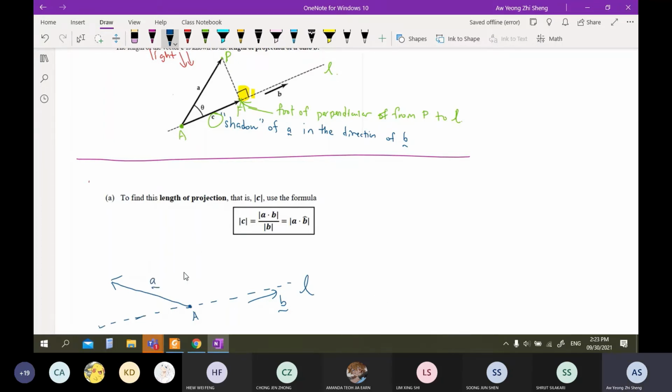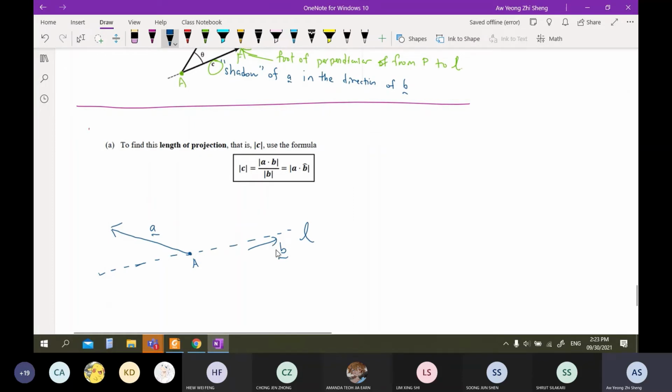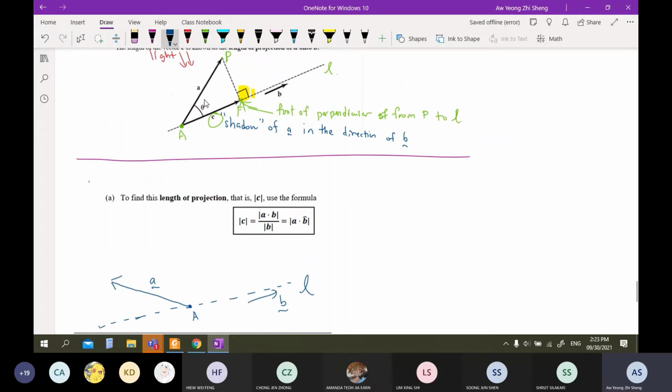Let's call this my vector small a. Now, what is the angle between vectors a and B then? This theta here is defined to be the angle between vectors a and B. A and B are diverging.